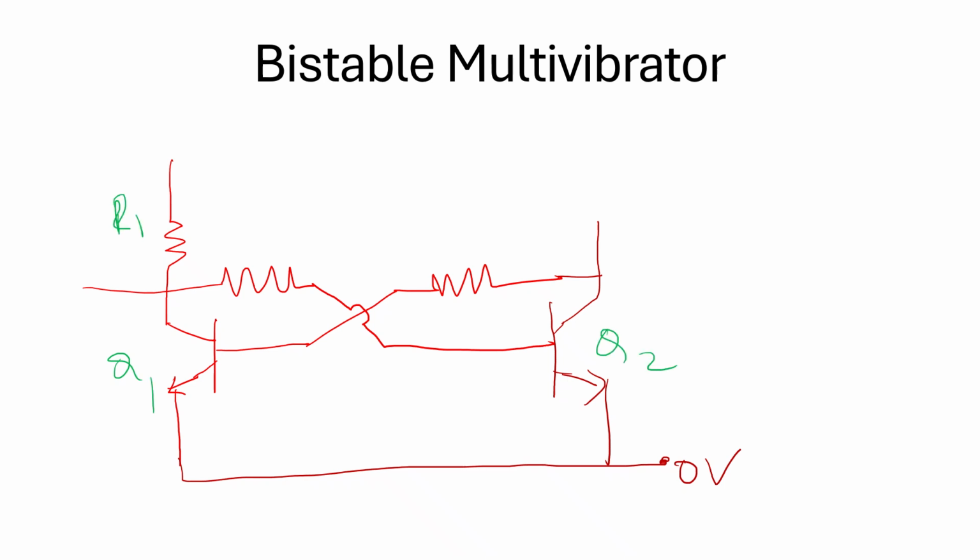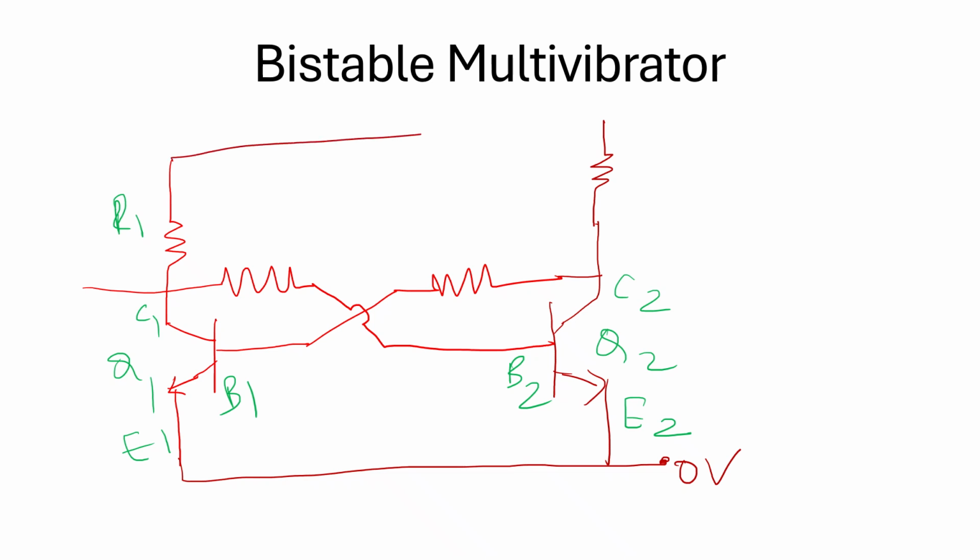Let R1 be the resistor connected to the collector terminal. C1, B1, E1, C2, B2, and E2. Connect one more resistor in the collector terminal of the Q2 transistor.